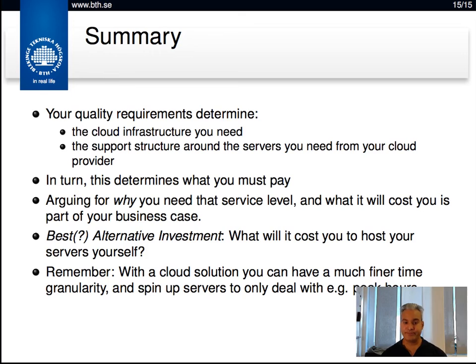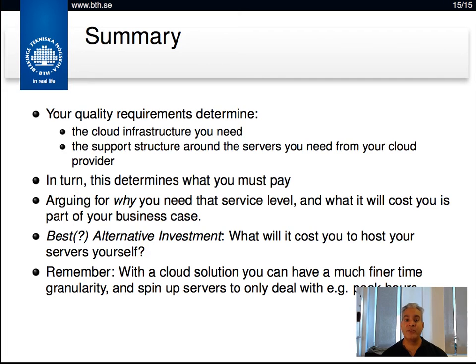So in summary, the cloud infrastructure that you need is determined by the quality requirements that you have, and you also need to look at the support structure around the service, monitoring, privacy, security, and so on, that the cloud provider offers to you.